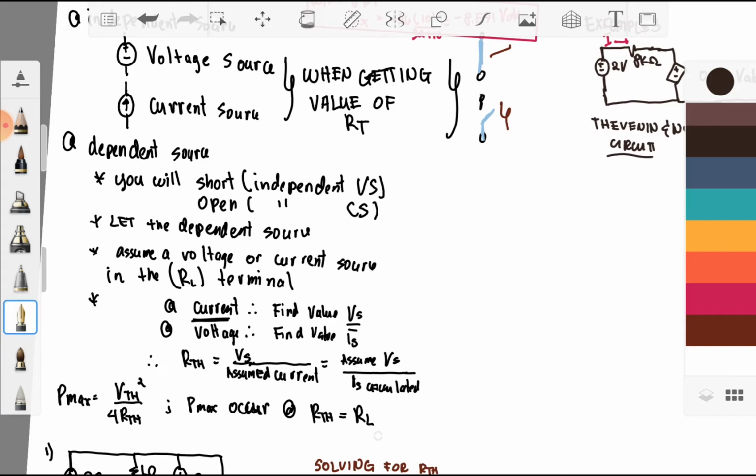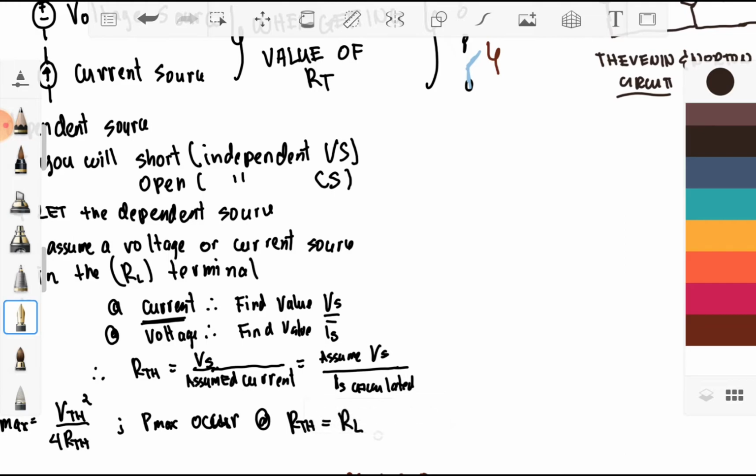And then, after that, if you will series a current source or a voltage source, you will perform the Ohm's law to get for the value of your RTH and your RN, which is basically equal to Vs over assume current source. If you assume a current source, let's say 1 ampere, or Vs over Is, or 1 volt divided by Is. Okay?